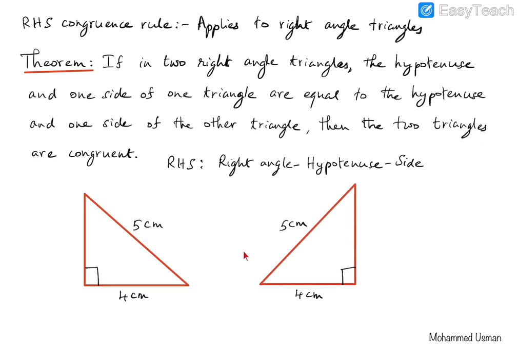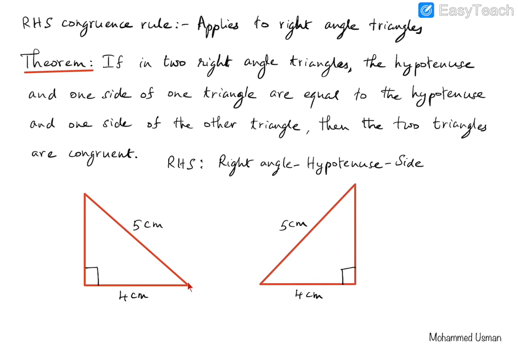So if you look at these two triangles, these are right angle triangles. So we have a right angle and a right angle. Then the hypotenuse is equal. The hypotenuse here is 5 centimeters. The hypotenuse here is also 5 centimeters. So both the triangles have the same length for the hypotenuse, and another side of both the triangles is equal.